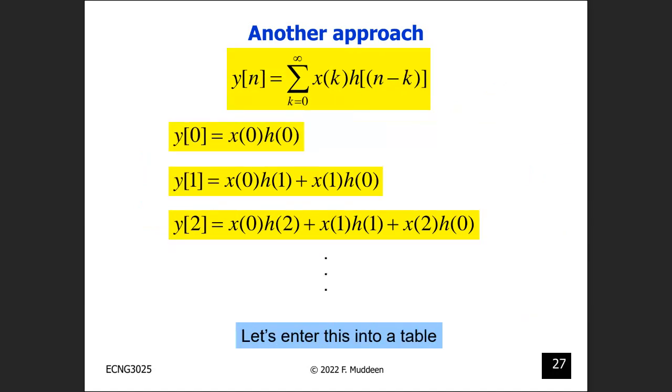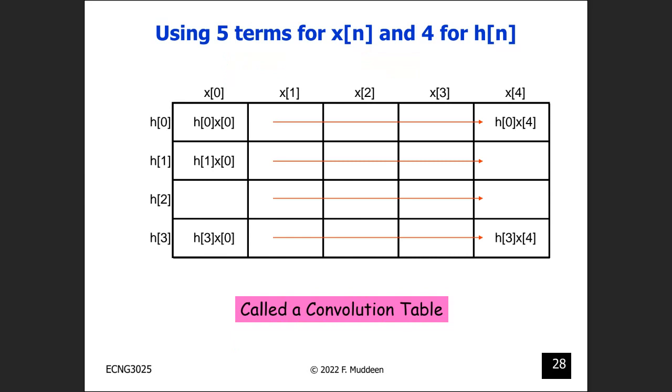What I could do is put this into a table, because I have no H minus 1, H minus 2, and so on. I'm dealing with all of the actual values that I have, H0 to whatever, and X0 to whatever. If I put it into a table, notice what is happening.